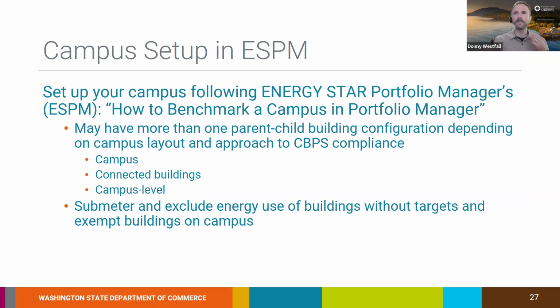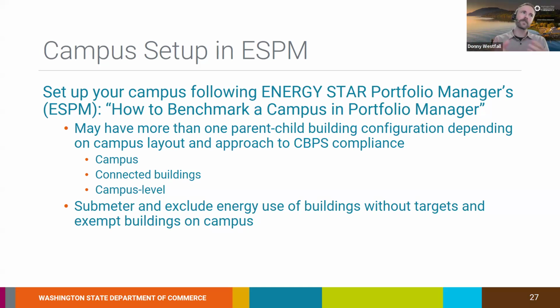In some instances, a user may have multiple parent-child relationships for the campus. For example, there may be a parent property for your district energy system and then the child properties associated with it. But if complying at, say, a campus level, those same child properties may be associated with a larger parent property, like a college or university.